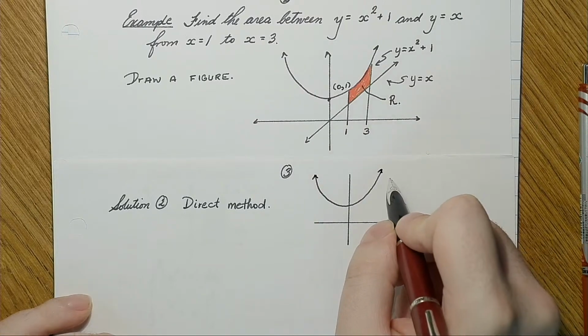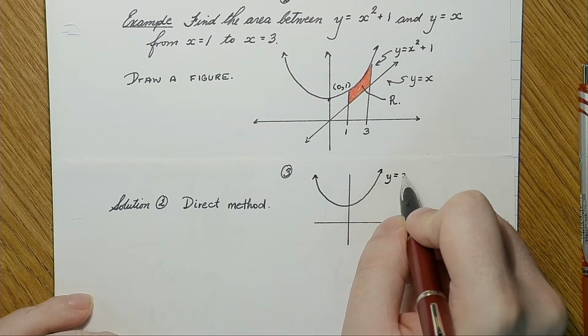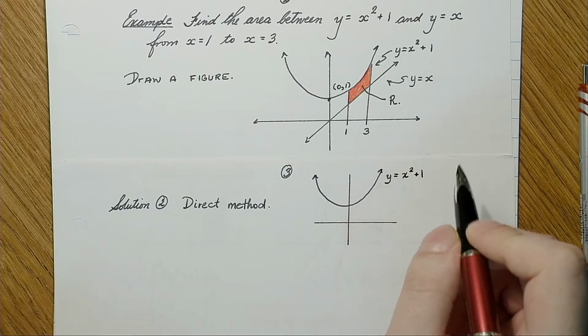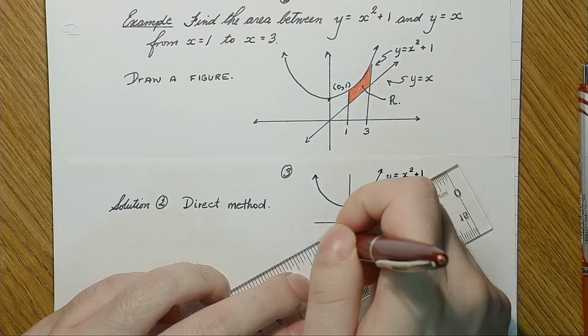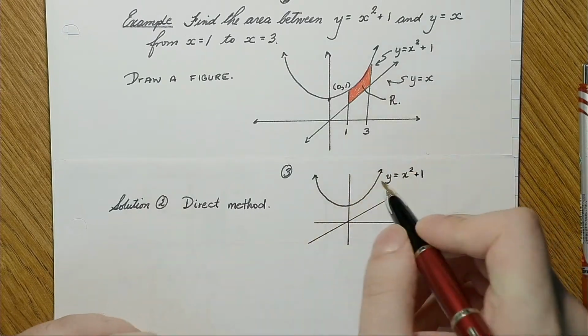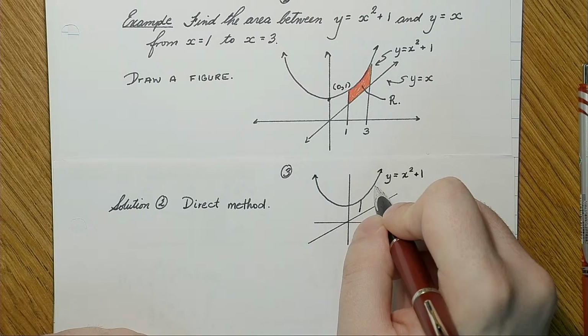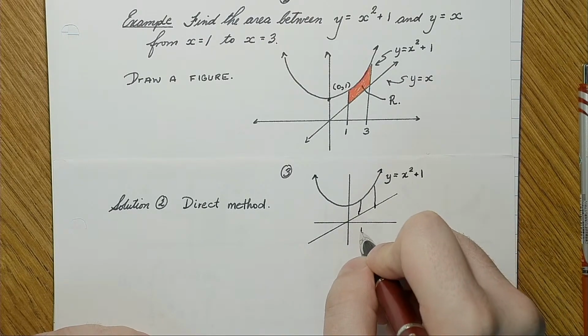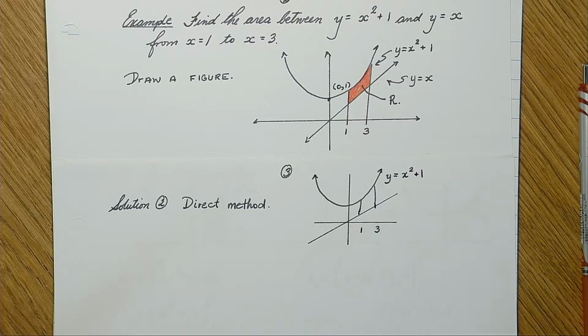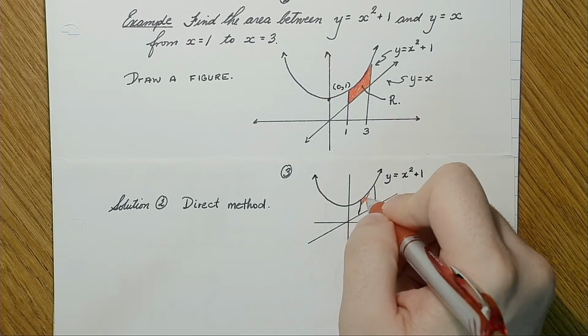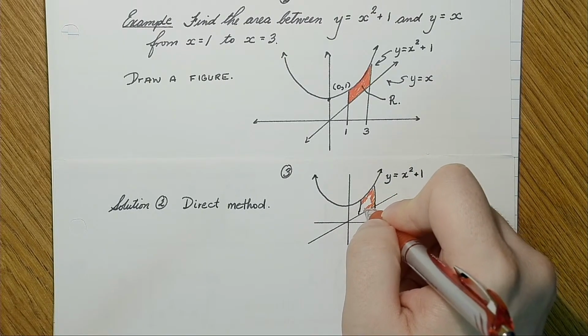So there's my y equals x squared plus 1. There we go. So that's the region that we want.